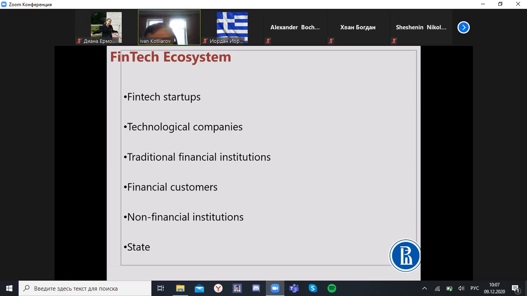Non-financial institutions, guys, we don't have to forget about them, because non-financial institutions also provide support to other members of the fintech ecosystem. And the state, obviously, the state as a regulator plays a huge part in the existence of this fintech ecosystem. So let's continue.